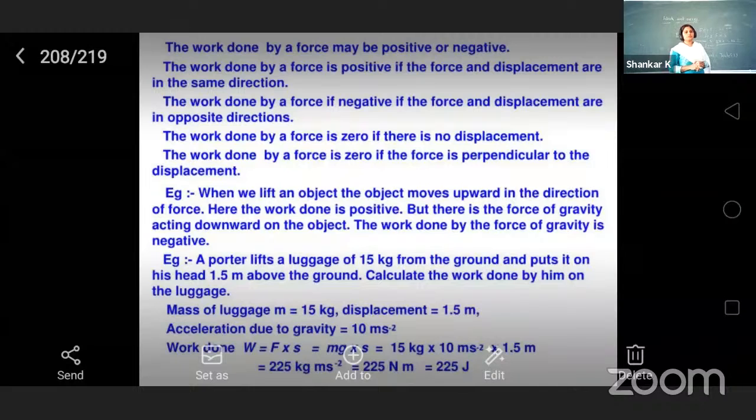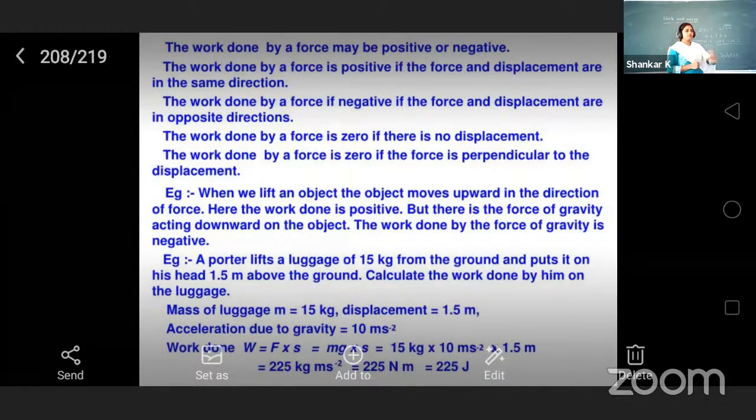The work done by a force is zero if there is no displacement. If the object does not move a certain distance, we say the work done is zero, if there is no displacement. For example, if you are driving a car on the road and you see a big rock on the road, you can only move the car if you move that rock.